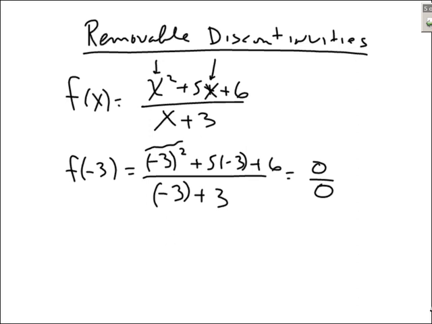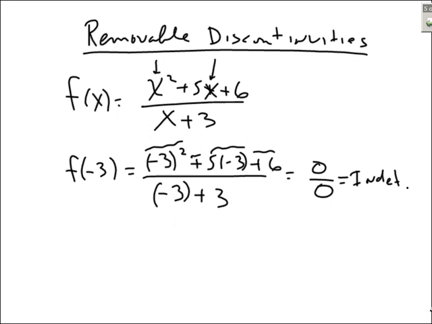For example, negative 3 squared is 9. Add 6, get 15. But now add negative 15. 15 plus negative 15 is 0. And the bottom is 0. But this is not anything. This is indeterminate. We need to investigate further.